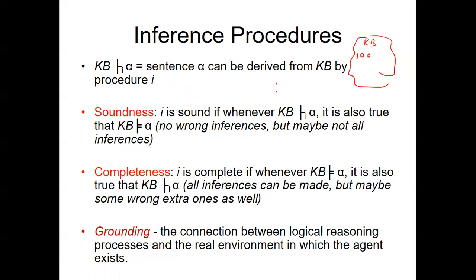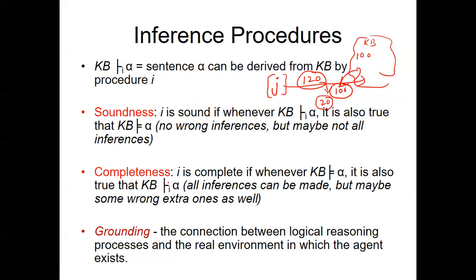Now say there is another inference algorithm J which is able to derive 120 sentences from KB, though the maximum is only 100. Out of these 120 sentences, say the first 100 are true, that is, they match the KB. The remaining 20 sentences are not true, but still we call J complete, because it is able to derive all the sentences from KB.